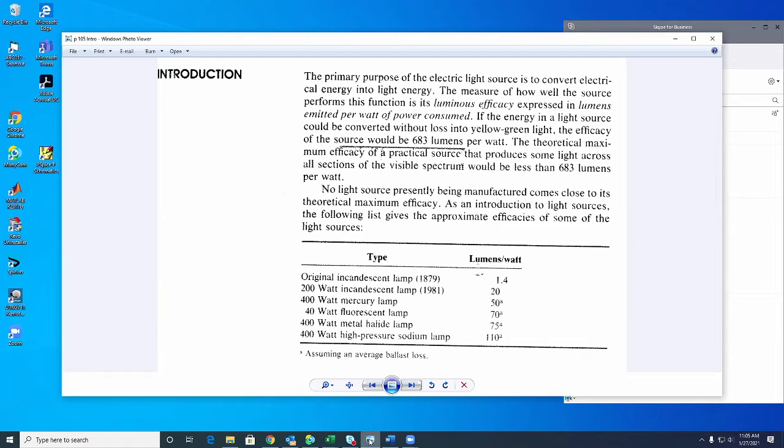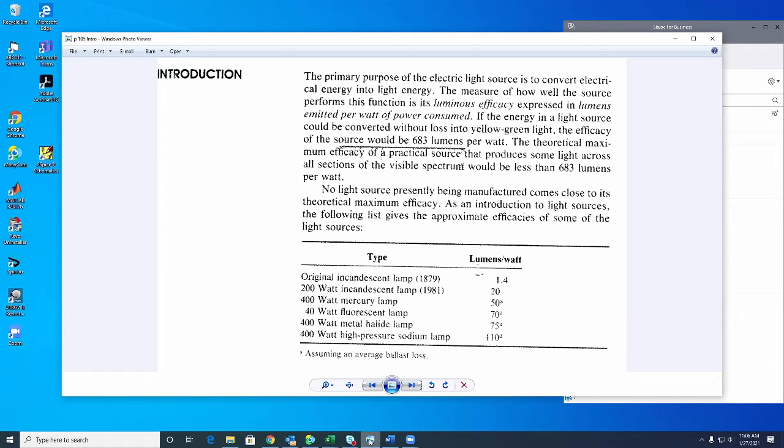Now, in this table, LED lamps are not included because this book is rather old, from 1980 something. So at that time, the LED was already invented, but not used as a light source. Okay. So then here at this stage, the best would be the high pressure sodium lamp. And that's the lamp with the yellow color, okay?